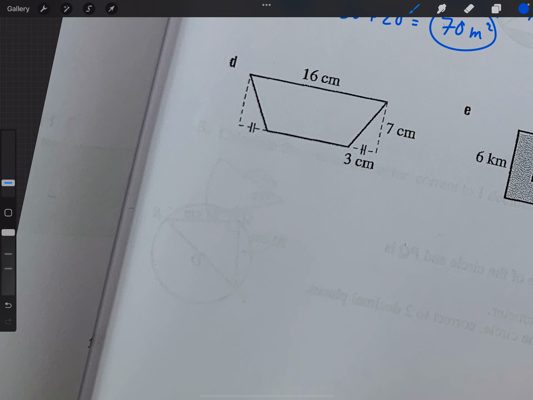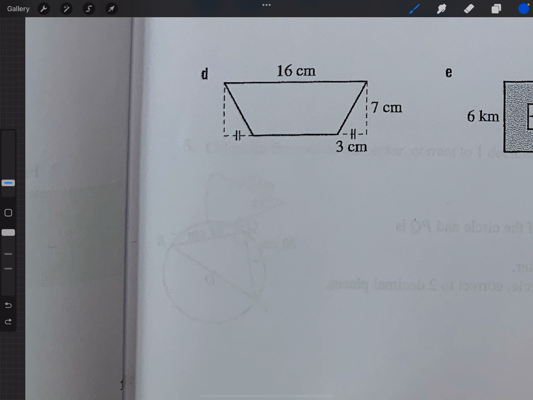Okay, it looks like these 2 triangles are the same. So if I find the area of one of them, I can find the area of both of them together. To find the area of this shape, I'm going to take the area of this rectangle minus the area of this triangle and this triangle, which are both the same. So let's look at the area of the rectangle first.